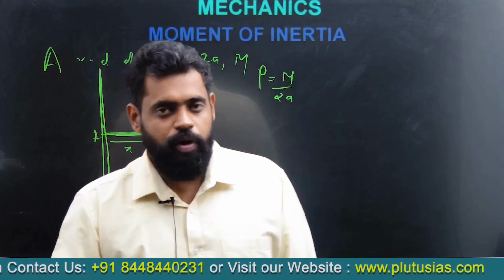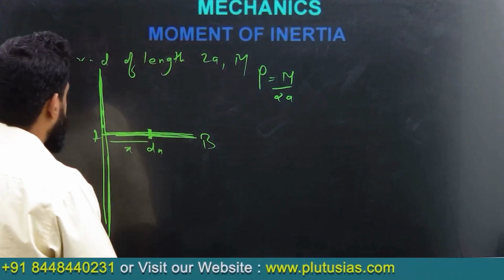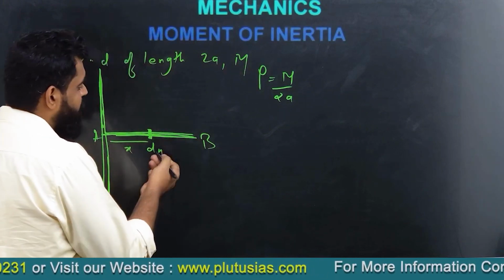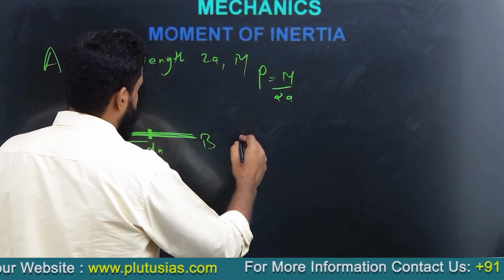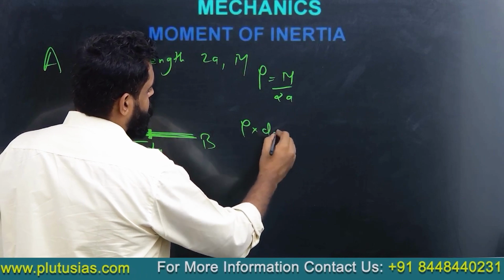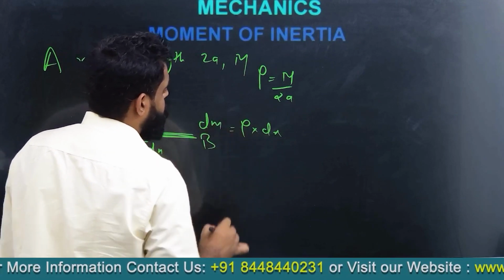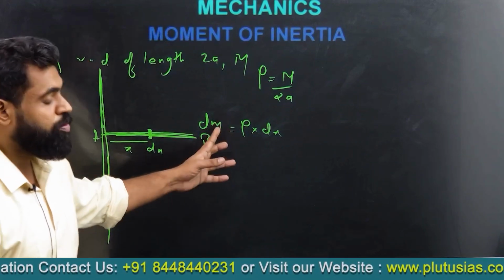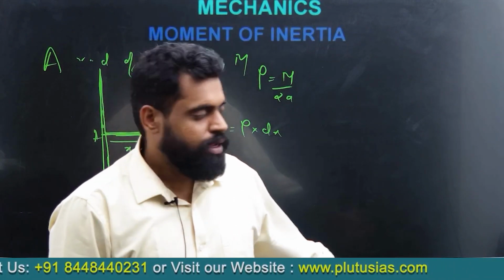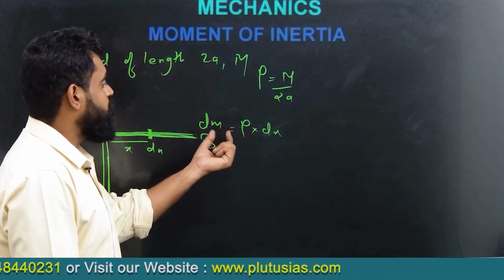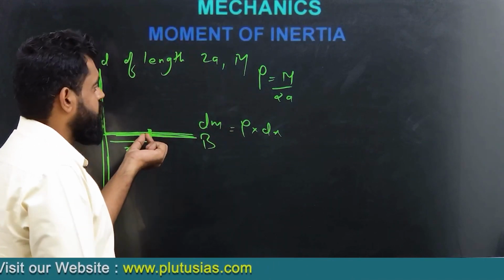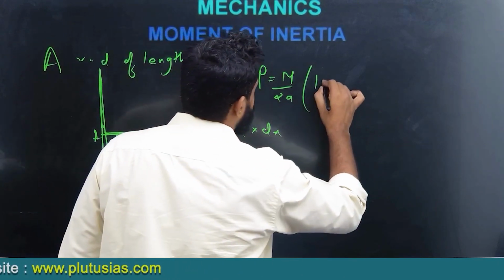The mass of this length would be rho into dx, say dm, where rho is the linear density.